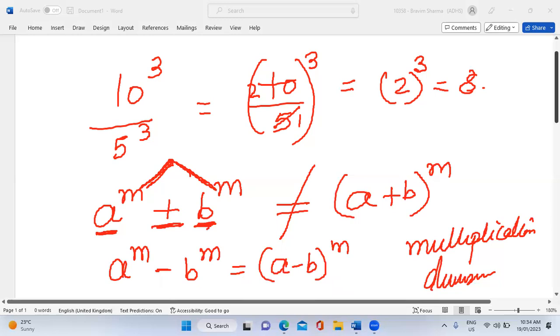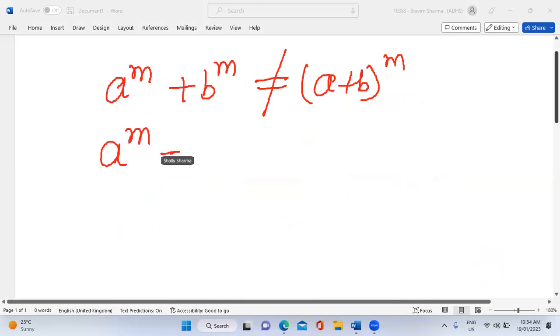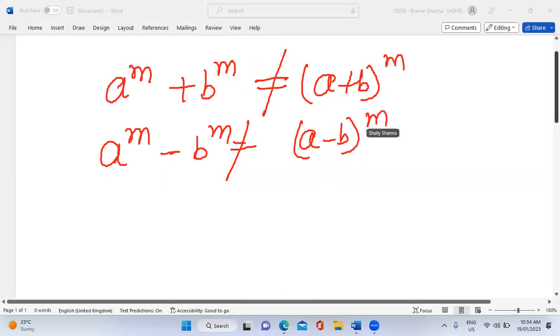I'm going to write all of these 4 rules again. If it is a to the power of m plus b to the power of m, we cannot write it as (a plus b) to the power of m. That would be completely wrong. And we cannot write a to the power of m minus b to the power of m as (a minus b) to the power of m. That is also not equal.